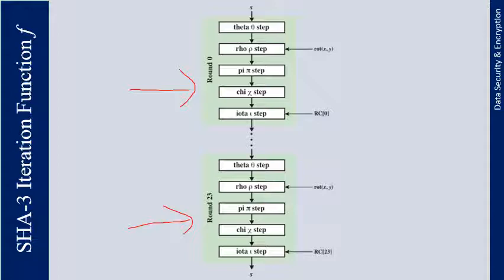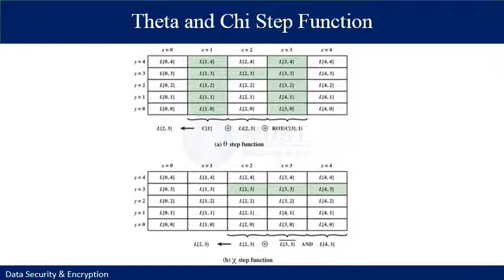The round steps are stated as the theta step, the rho step, the pi step, and the chi step, and finally the iota step. This figure shows the reference to definitions of the theta and the chi step, and the summations show the exclusive OR functions.